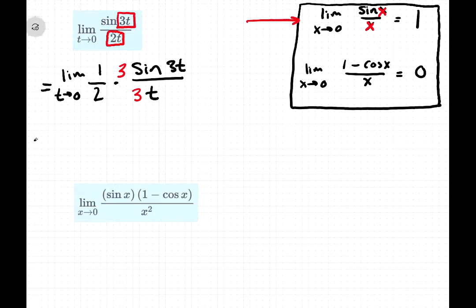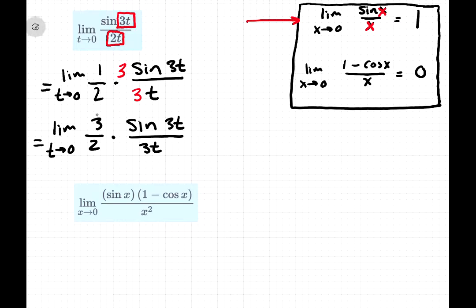So the 3 times 1/2, okay, so now we have the limit as t approaches 0 of 3 over 2 times the sine of 3t over 3t.